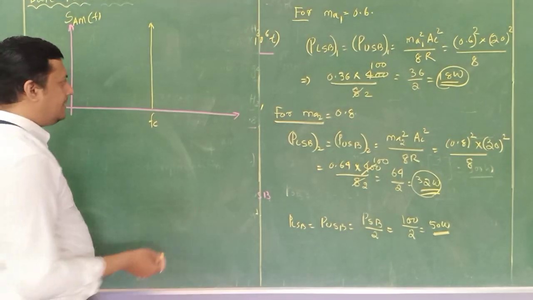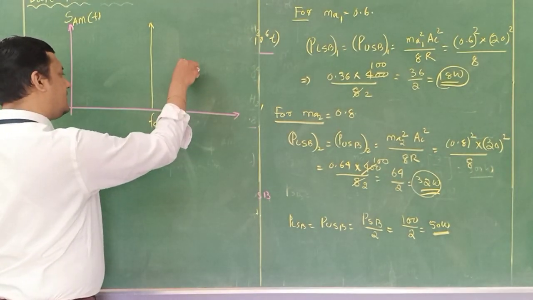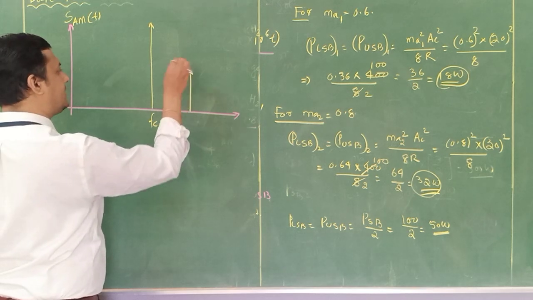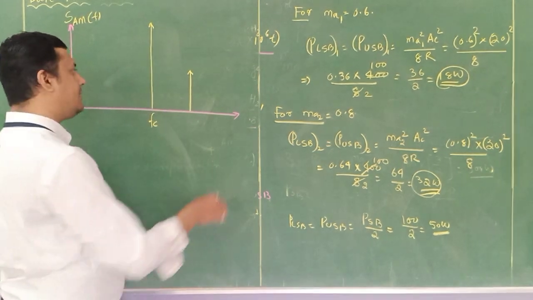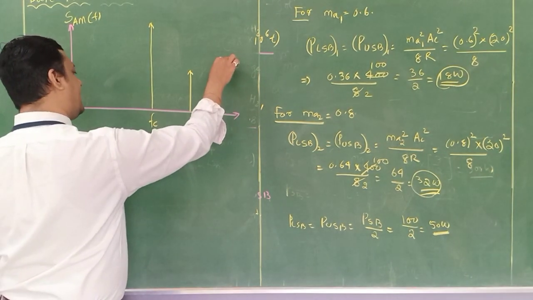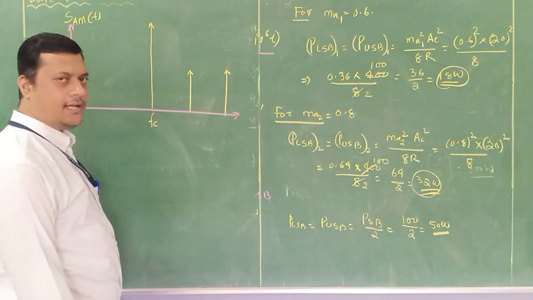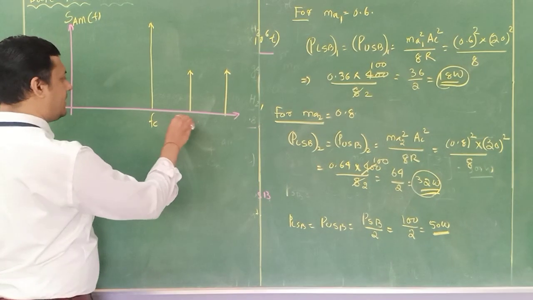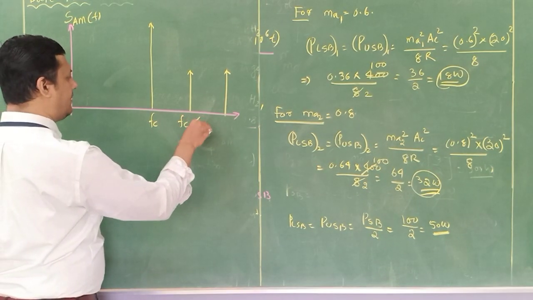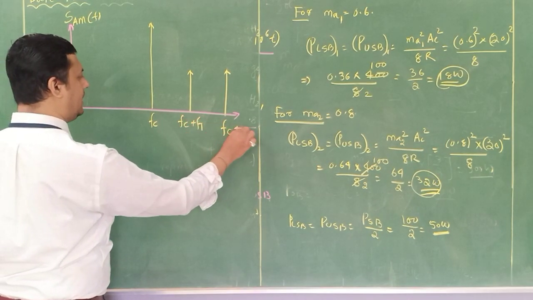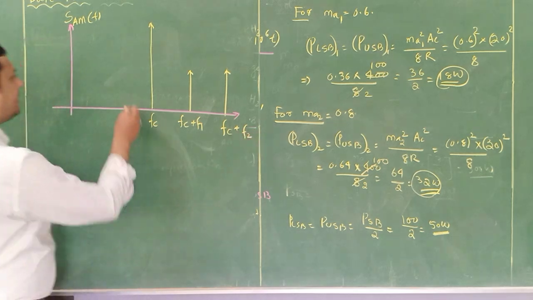Then the first lower sideband, then the upper sideband, and then the second upper sideband. Here I will write Fc plus F1, Fc plus F2.